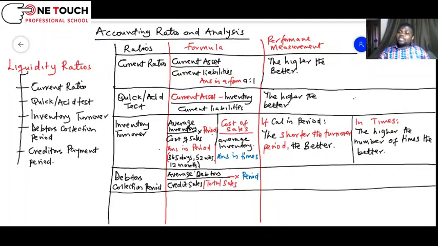This one you are supposed to use to measure the performance of your credit control department, your credit control systems. So debtors collection period: the shorter the period, the better.